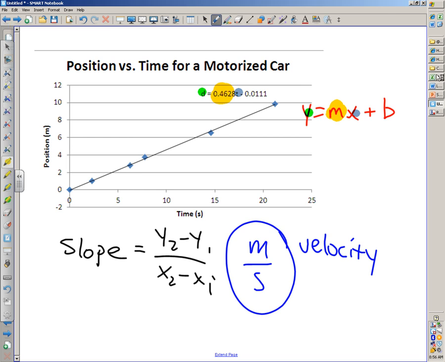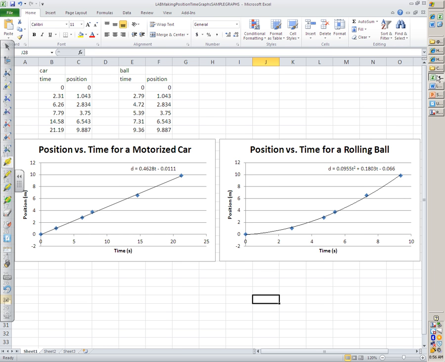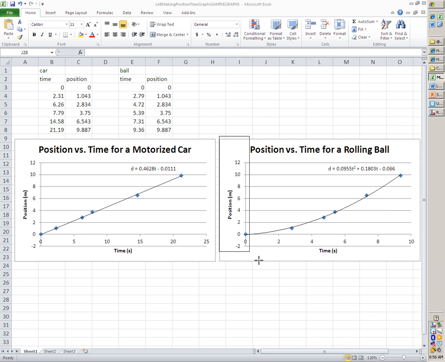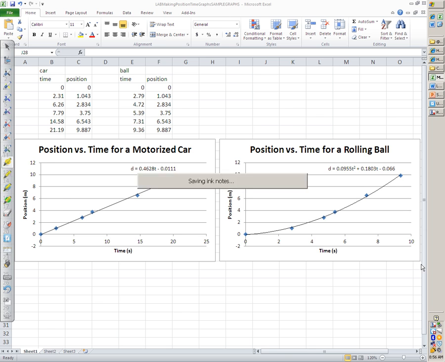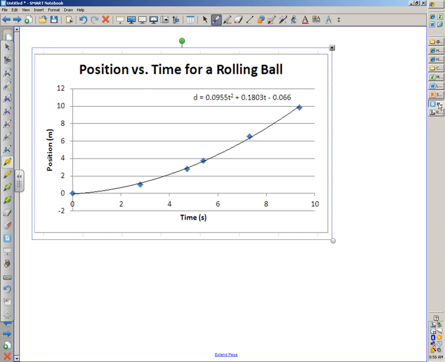Are you ready? The other one. Here's the ball. Is the ball a straight line? No. Why? It didn't stay constant. If we take this ruler and use it to look at the slope of this line, at the beginning of this graph, is this a steep slope or a shallow slope? Shallow slope.